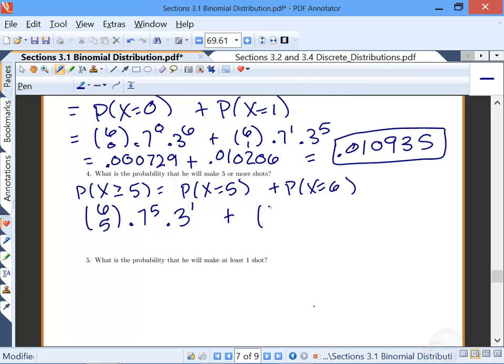And to get 6 shots, we're going to have 6 choose 6. He needs to make 6, which means he misses 0. I got 0.420175. Anyone else?